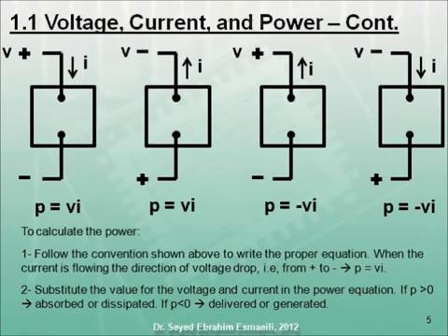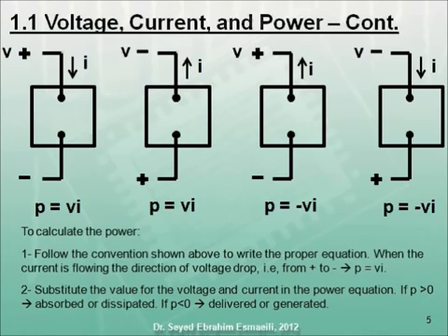This is the case shown in the first and second figures, where the current is flowing from the higher voltage level, indicated by the positive sign, to the lower voltage level, indicated by the negative sign. If the current is flowing inside the element in the direction of voltage rise across its terminals, then the power equation is written as P equals minus VI, as shown in the third and fourth figures.